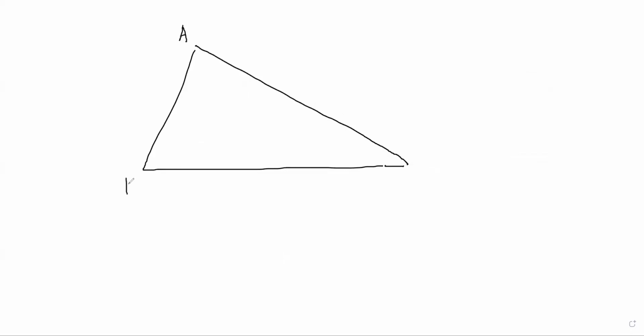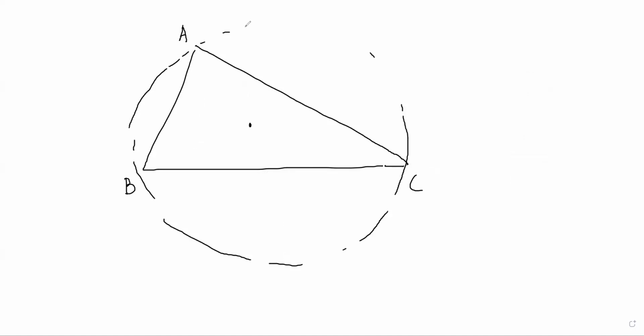Yes, sir. If you are equidistant from the three vertices, then that point will be the point from where you can take this radius or this radius or this radius, right? Yes, sir. And then you can draw a circle easily, correct? Yes, sir. So the idea is that the circumcenter is drawn by intersecting two perpendicular bisectors.